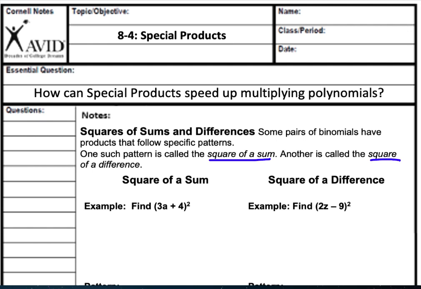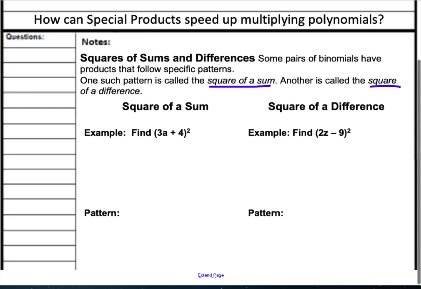So what's going to happen is in our first example here, 3a plus 4 squared. So the square of a sum, you're adding the two pieces together. Well, we talked about in class that square just means two of those binomials are being multiplied. 3a plus 4 times 3a plus 4. We follow our double distributive.